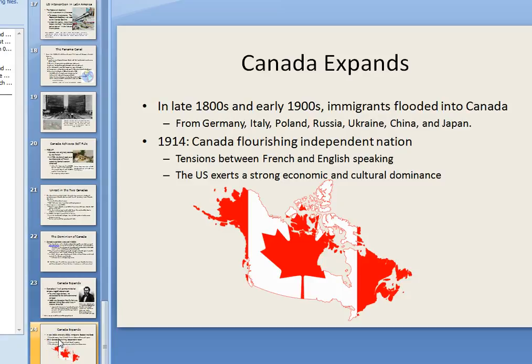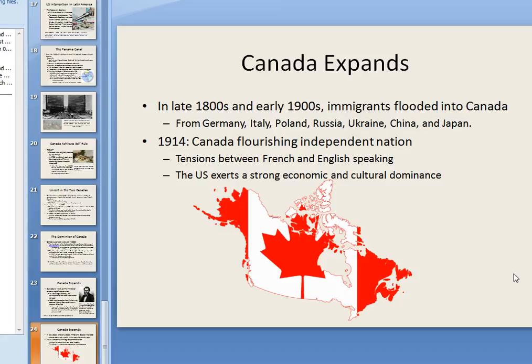So in the late 1800s and early 1900s, immigrants flooded into Canada from Germany, Italy, Poland, Russia, Ukraine, China, and Japan, and diversified it a little bit. And in 1914, Canada was a flourishing independent nation.